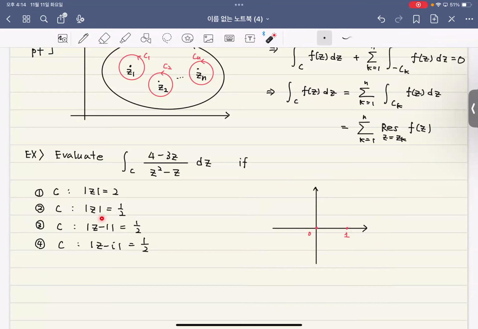And for number 2, we are talking about a curve that only contains this singularity. And for number 3, this curve contains just this one alone. And for number 4, this curve contains no singularity at all, right? So I already know the answer for case number 4. The integral equals 0, right? No brainer.